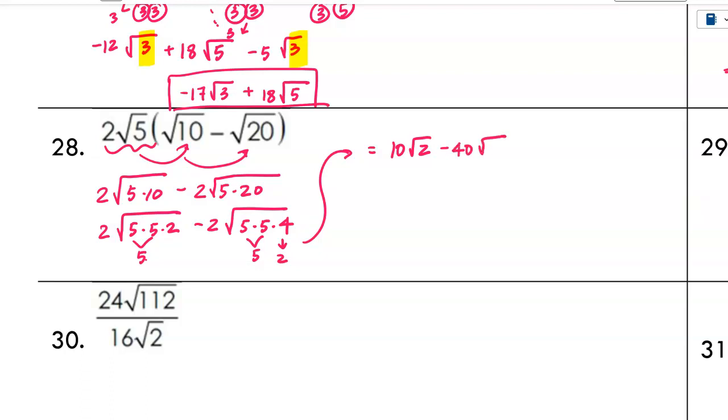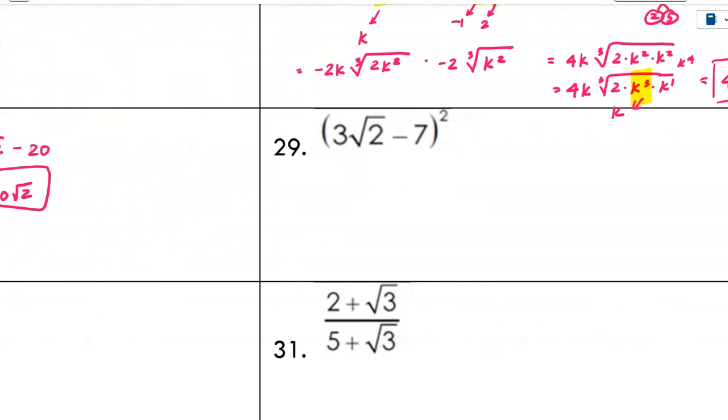No square root, right? Yeah, everything came out. This again, 4 times 5 is 20. So that's negative 20 plus 10 to the square root of 2.